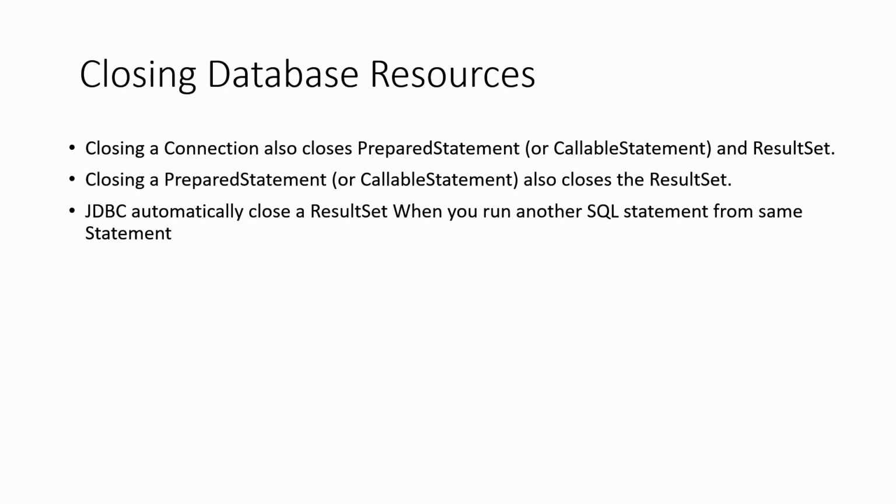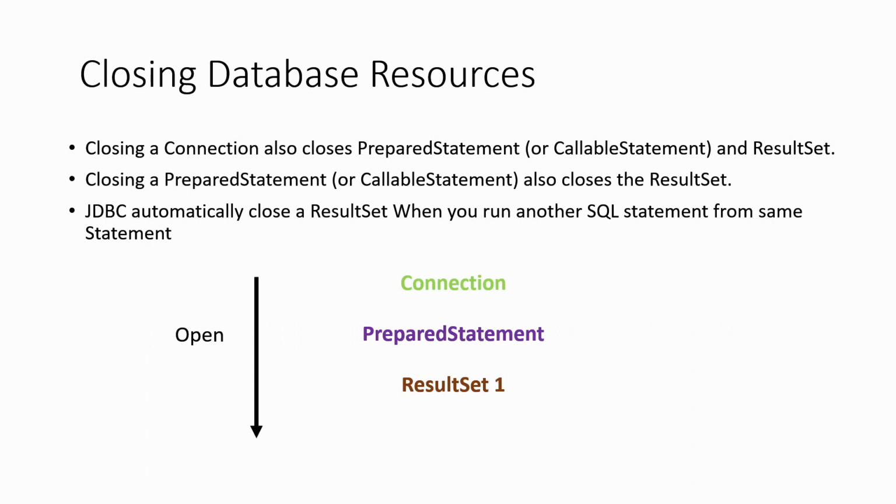Throughout the chapter we have been using try with resources syntax. The resources need to be opened and closed in a specific order. So how are we doing? We open the connection in try and resource block, then prepared statement, followed by result set.